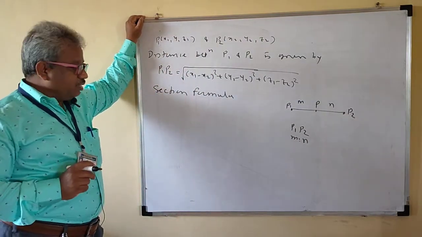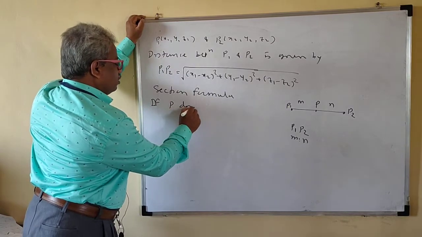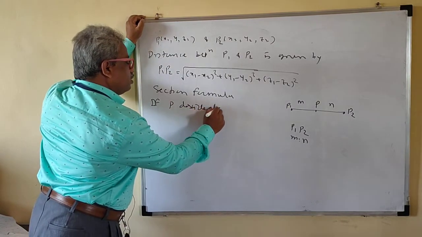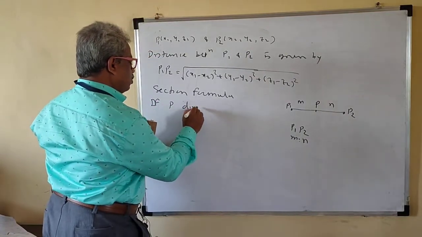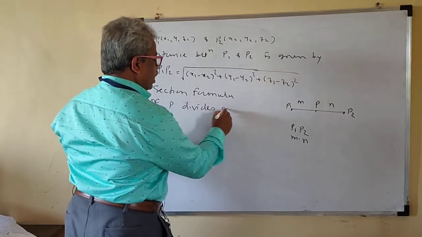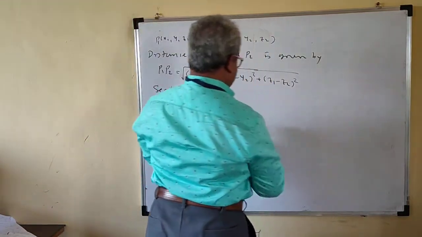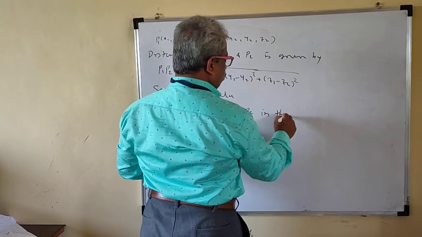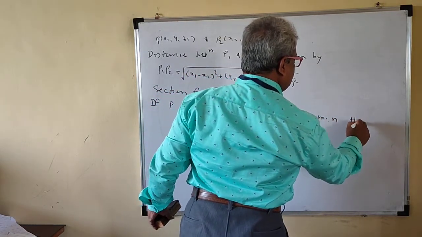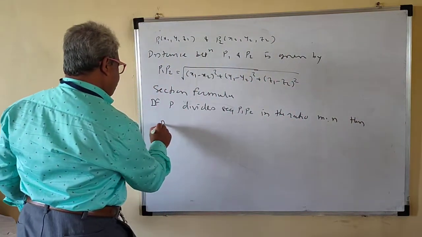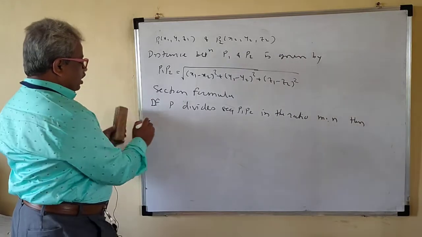Suppose P divides the segment P1P2 in the ratio m is to n, then first internal division.